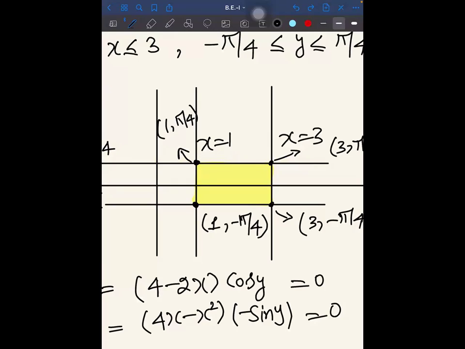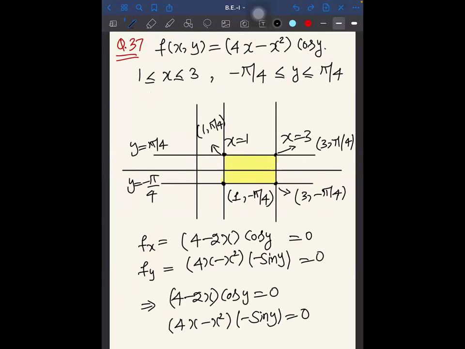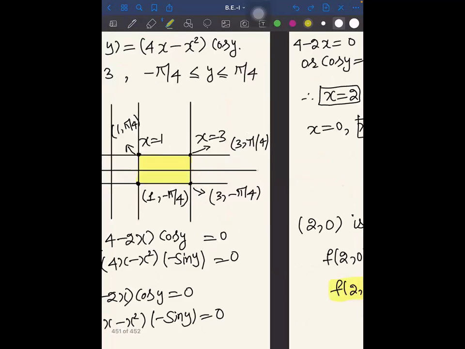So we'll get the values at (1, pi by 4) and (1, minus pi by 4), because we are dealing with this boundary, x is equal to 1. Sorry, I marked the wrong one, not this one. We are dealing with this boundary. Okay. So we'll calculate these two points separately.